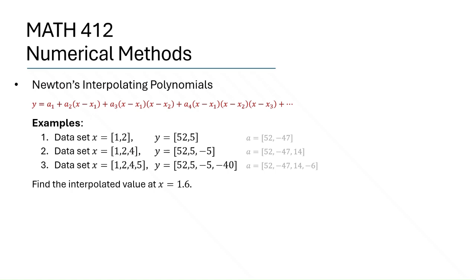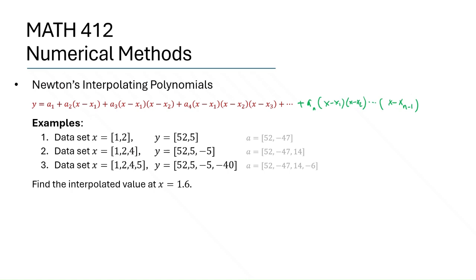In this case, if we have n data points, the polynomial will have which one? Eventually, you will have x minus x1, x minus x2, up to x minus x sub n minus 1.